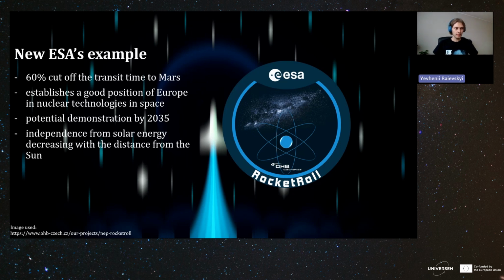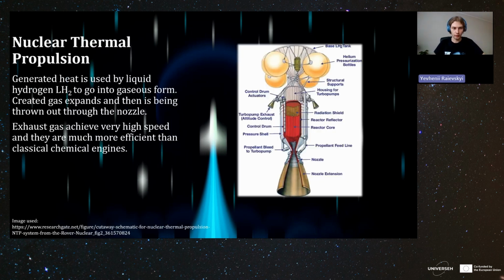And the same study emphasized that with its high energy density, NEP offers disruptive advantages in terms of speed, autonomy, and flexibility, enabling longer duration missions and greater mission capability than either chemical or solar electric propulsion alone. And the last one is nuclear thermal propulsion.